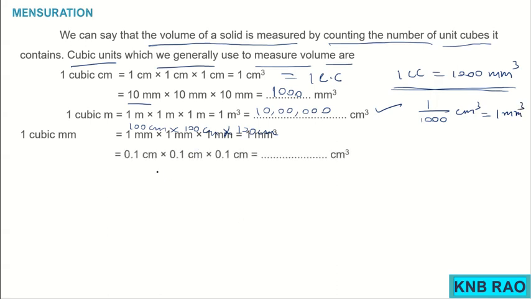Or else 0.1 into 0.1 into 0.1, which is 0.001 centimeter cube. 1 by 1000 also gives the same. So this is how we convert.